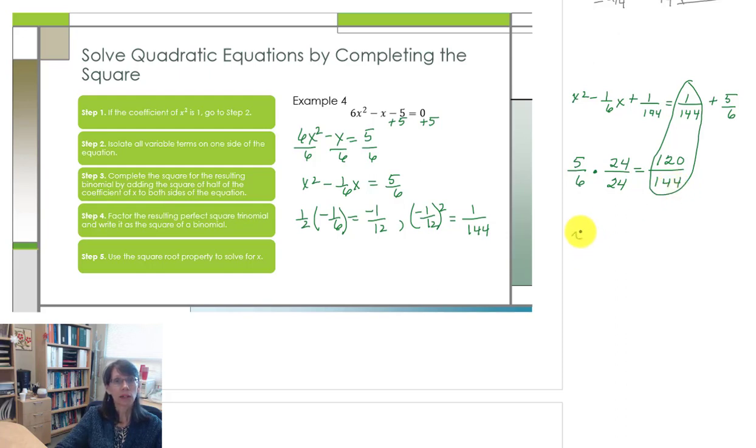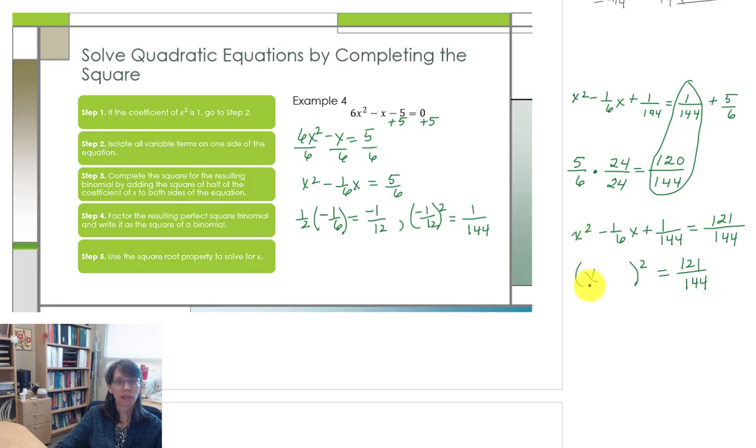So our equation now is x squared minus 1/6 x plus 1 over 144 equals, looks like that's 121 over 144. So let's think about factoring our perfect square trinomial, and that will be equal to 121 divided by 144.